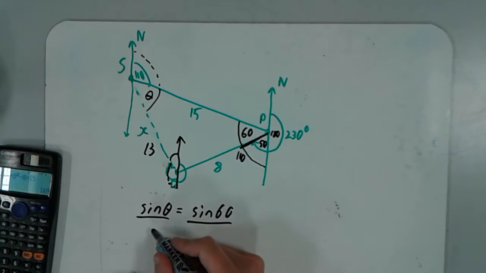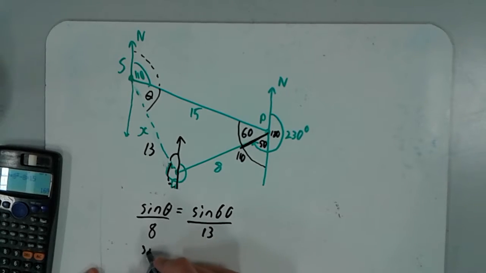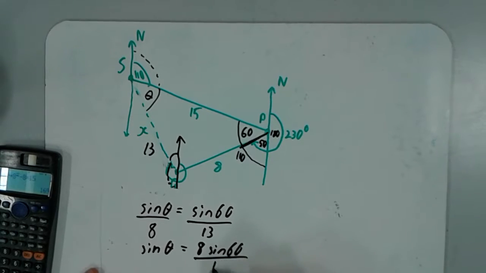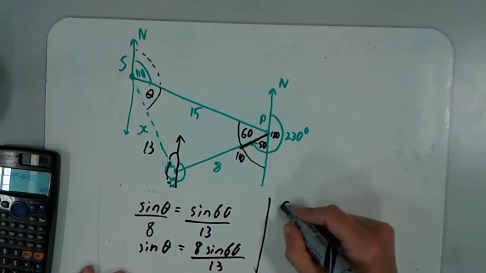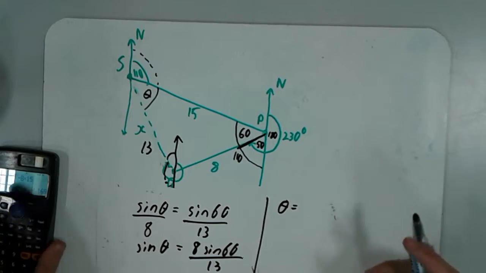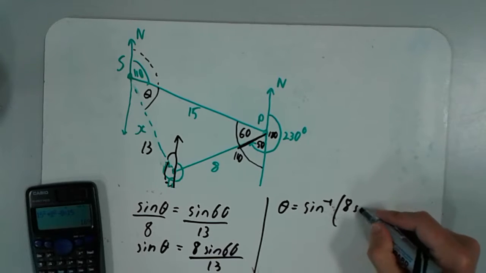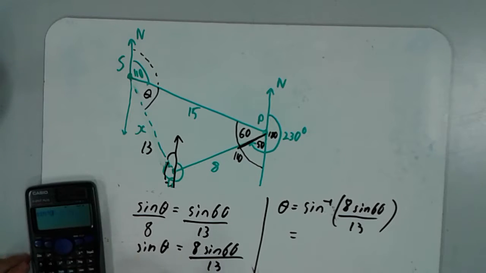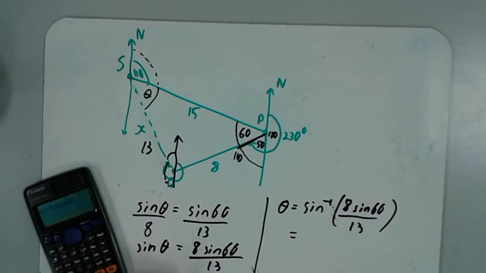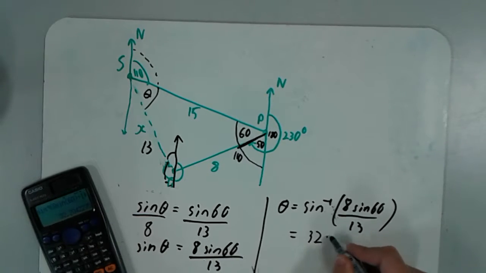So sine theta over 8, sine 60 over 13, cross multiplying again, theta is equal to inverse sine of all of that. Gives us 32.2 degrees.